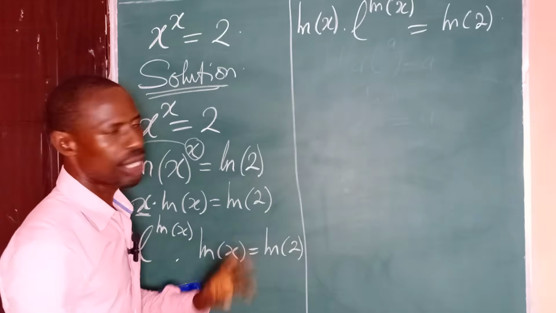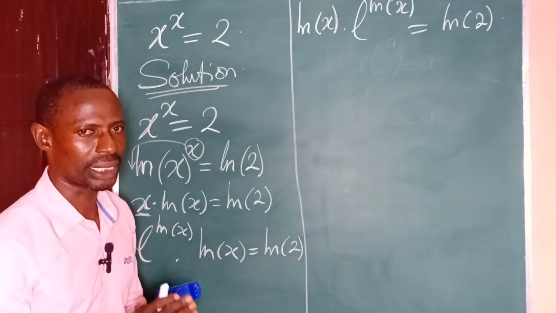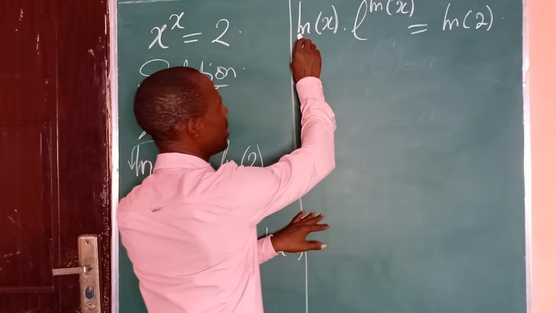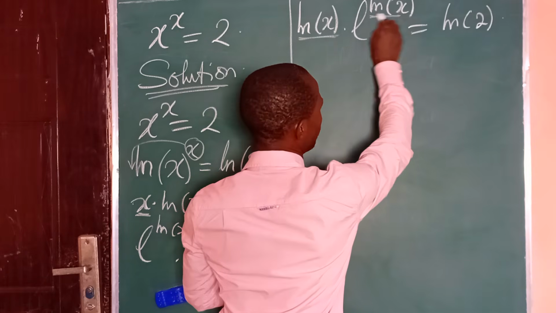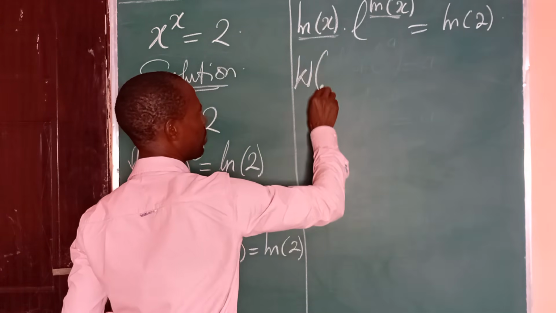Simple. So from our expression, to enable us to apply the Lambert W function, what we have at the base here is already equal to what we have at the exponent here. So we can take the W of both sides of the equation.